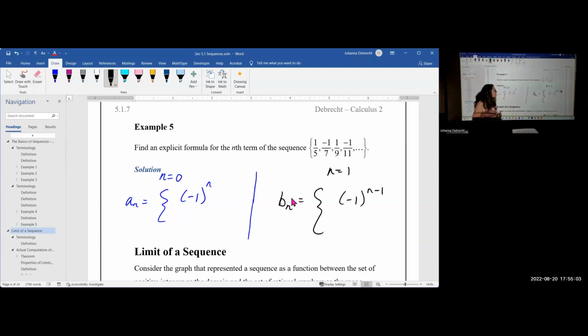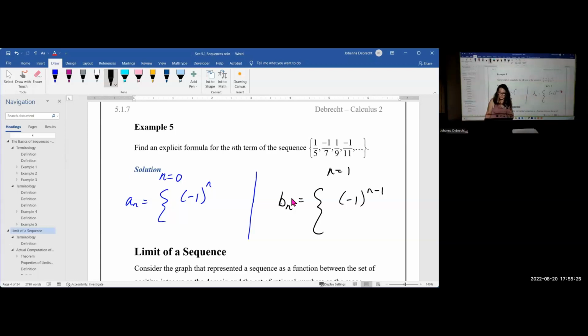If I subtract 1, it becomes n to the 0, and n to the 0 is going to give us 1. Or if I add 1, then 1 plus 1 would give me 2, which is still even, which would make it still positive. So either n-1 or n+1 would work there. And that would fix the alternating behavior.